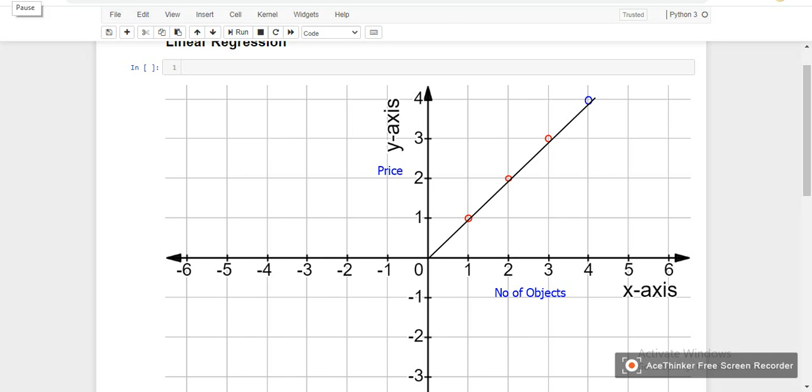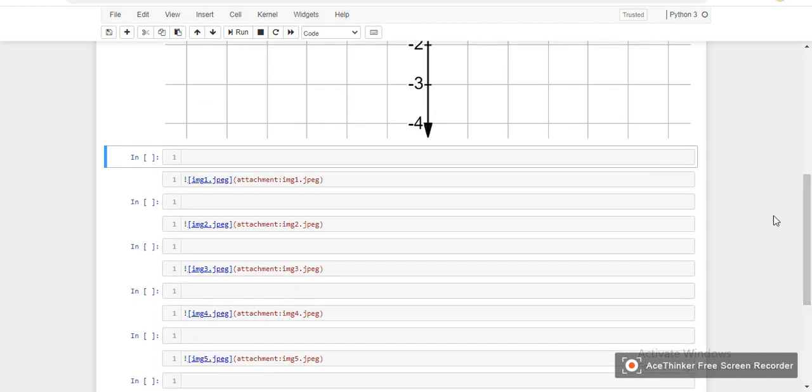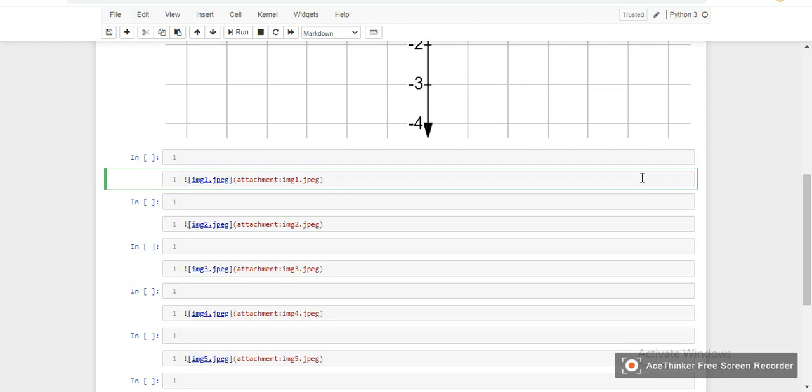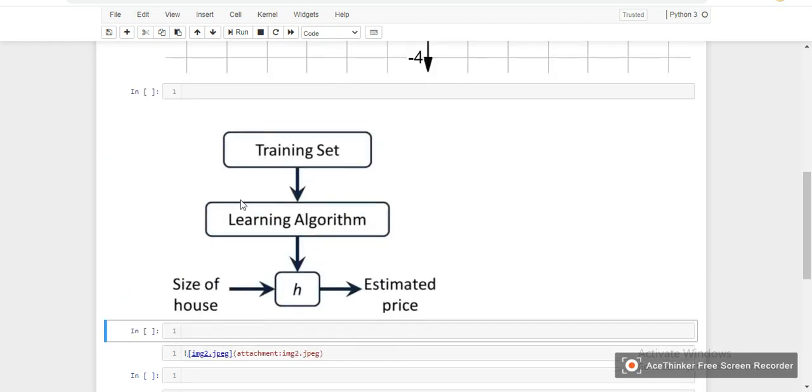So what really happens in machine learning algorithms like linear regression is, we build some model, or we could say a hypothesis, and we train this model with a given data set.